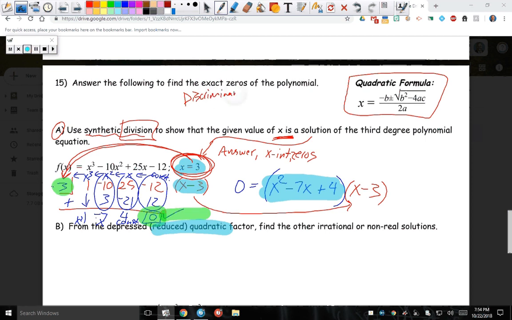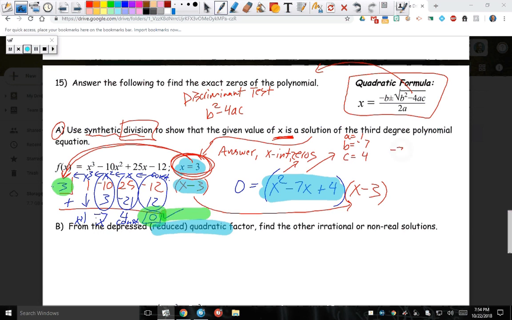Okay, the discriminant test is that we can look at a piece of this quadratic formula, otherwise b squared minus 4ac. Okay, so over here b is negative 7, a is positive 1, and c is a positive 4.